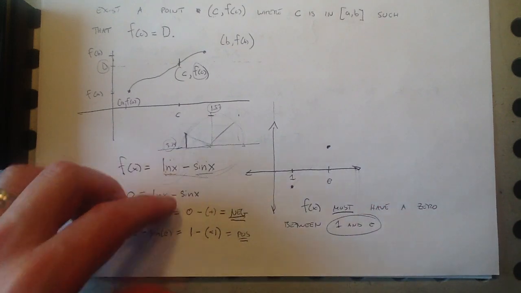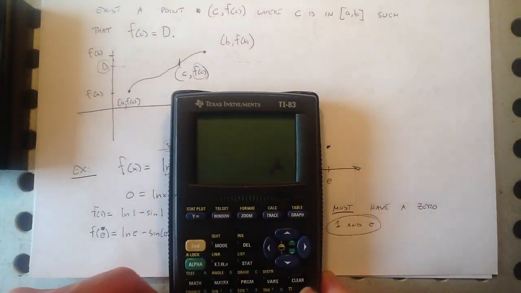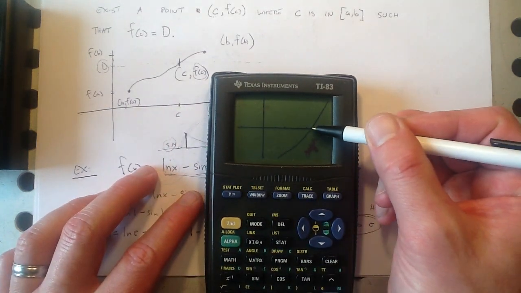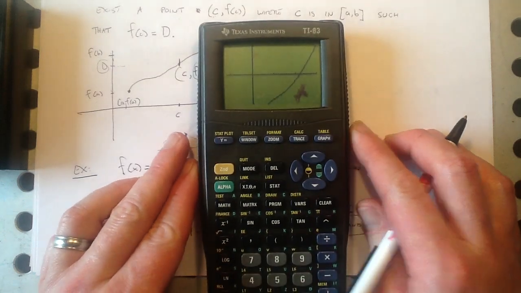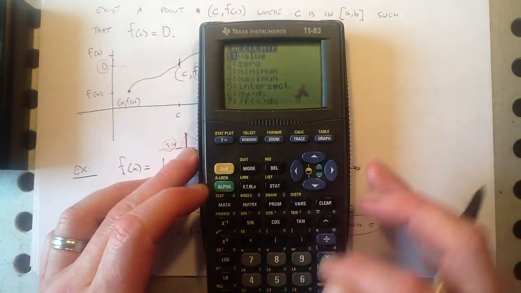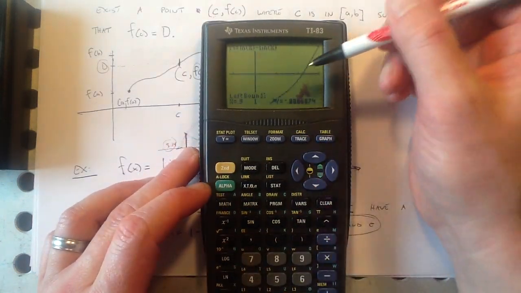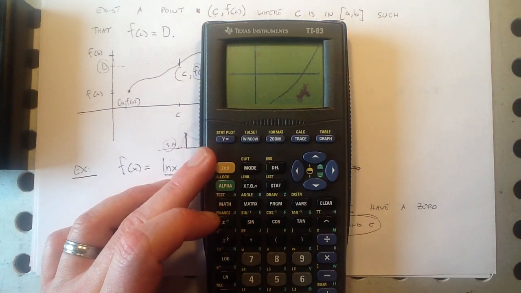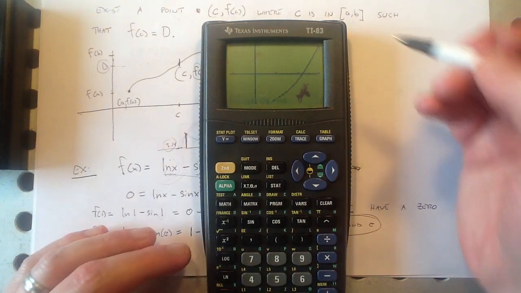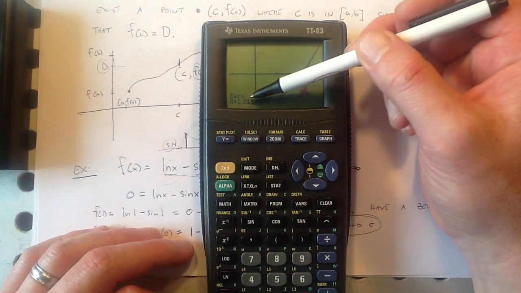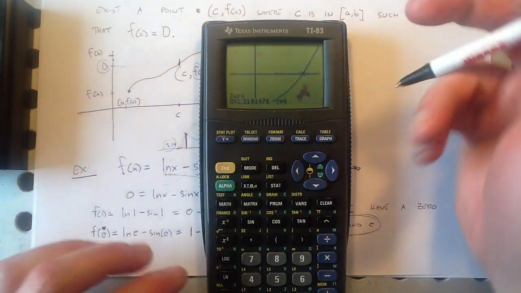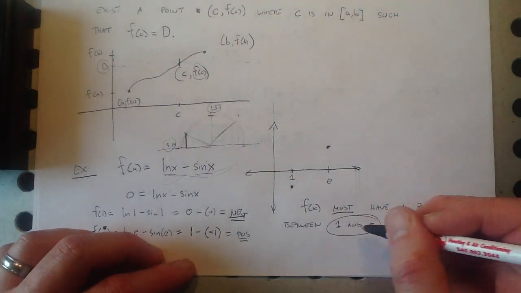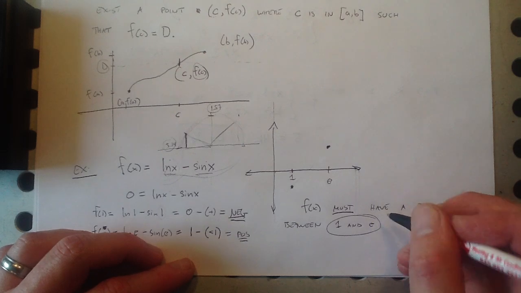We could verify that by going back to the graph. There's the 0 right there. You can see it. It's somewhere between 2 and 3 on this graph, about 2.22-ish, which is of course between 1 and 2.7.